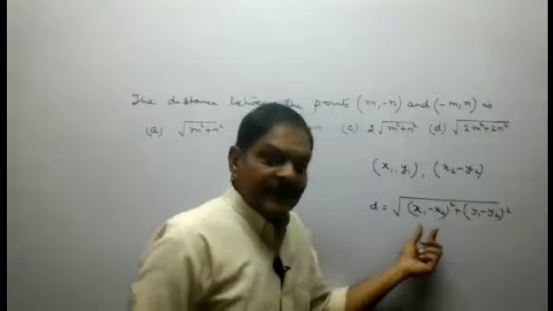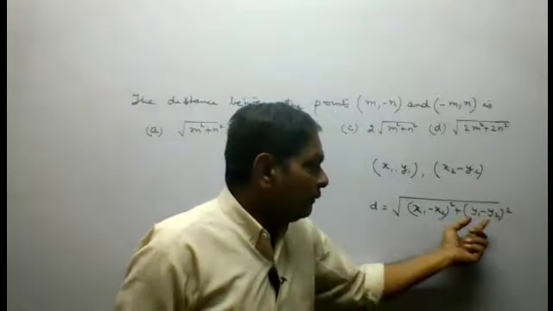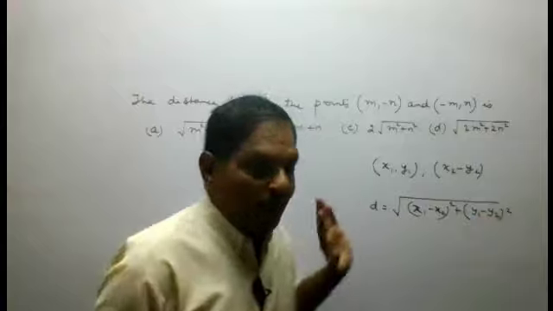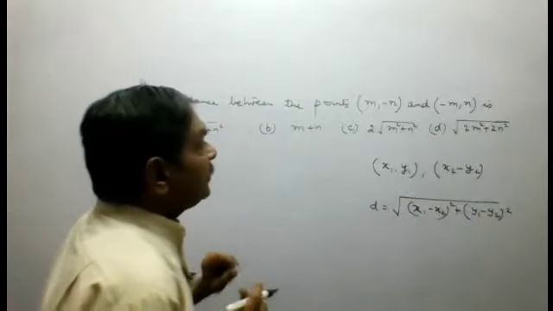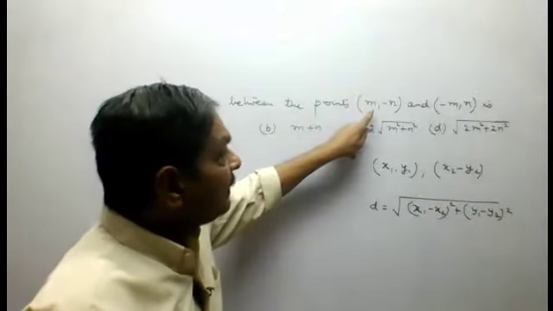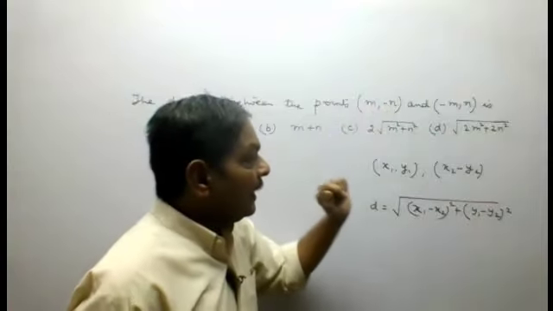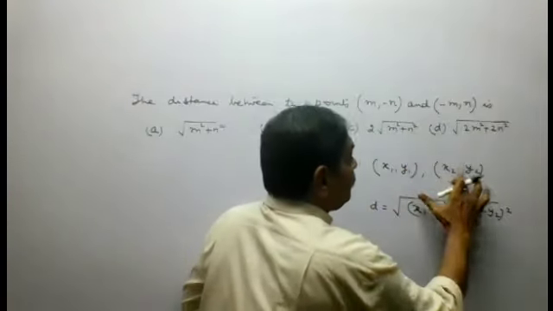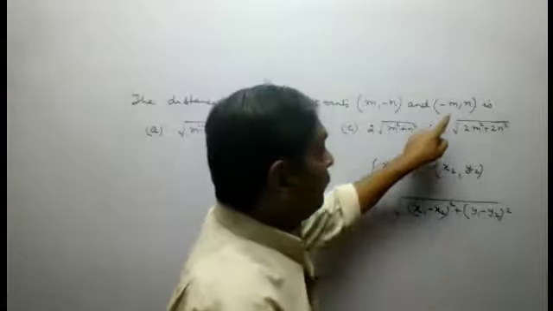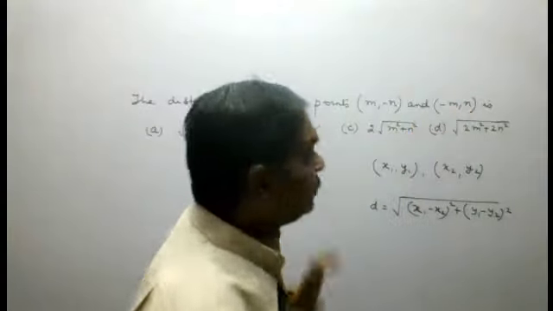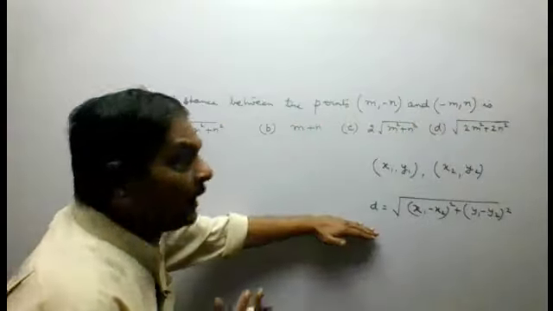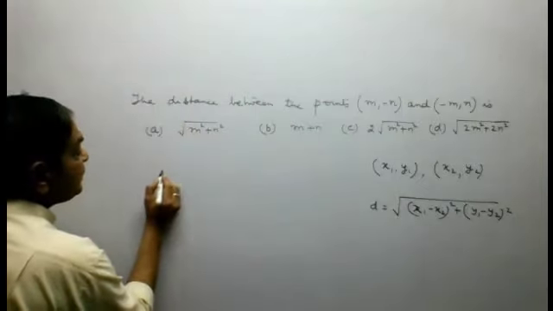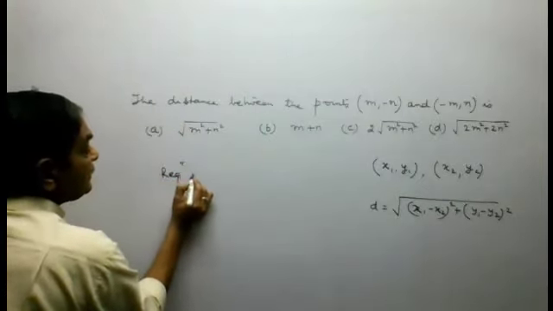We can also write it x2 minus x1 whole square plus y2 minus y1 whole square. Both the ways it is right. So here x1, y1 are m, minus n and x2, y2 are minus m, n.